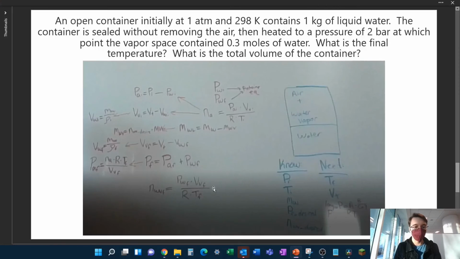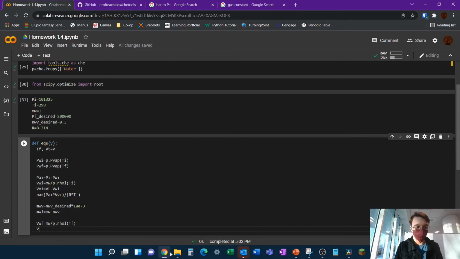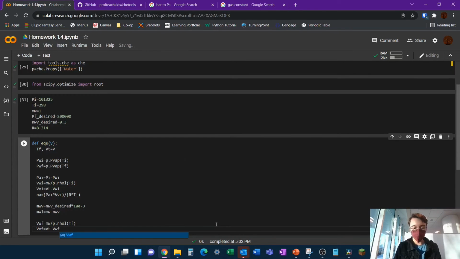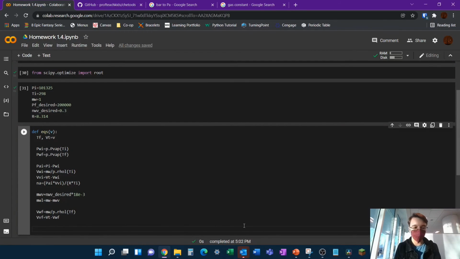Then the volume of the vapor final is equal to the total volume minus the volume of the water final.